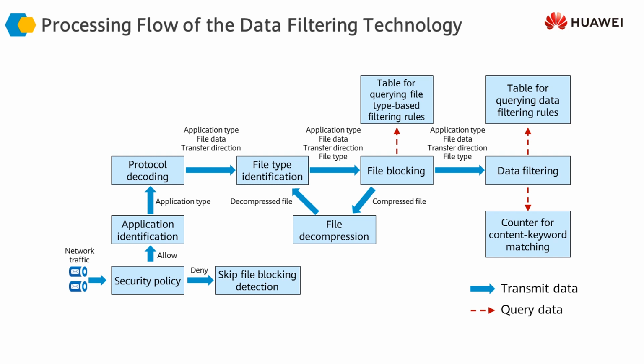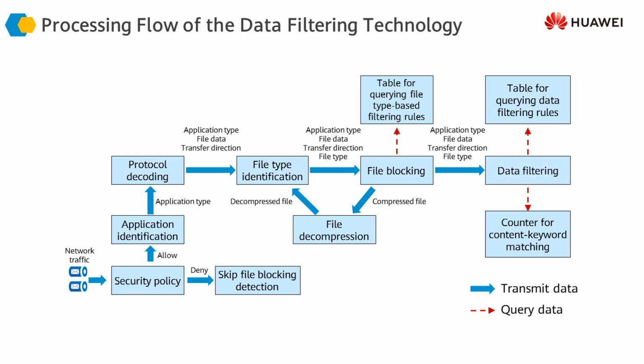However, if the policy says allow, this means we want to do content filtering, then you identify the application, you do the protocol decoding, you identify the file type, and then you send it to the file blocking profile. In between, if the file is compressed, you decompress the file and then you send it back to file blocking depending upon what file is identified after decompression. Then based on the filtering rules that we have identified, the file is either blocked or it is sent to the data filtering module.